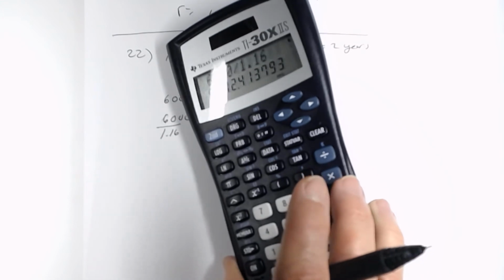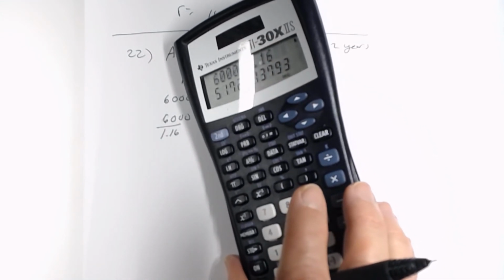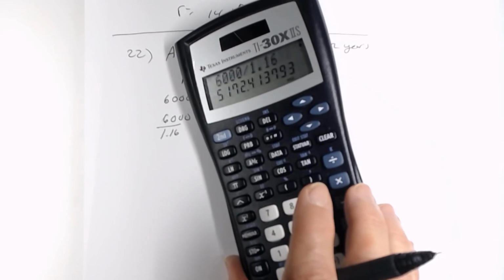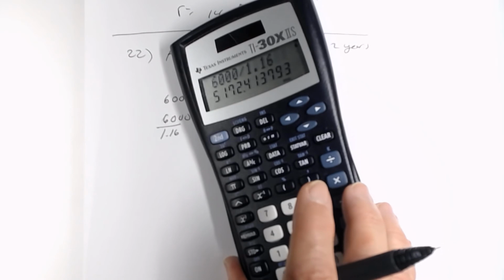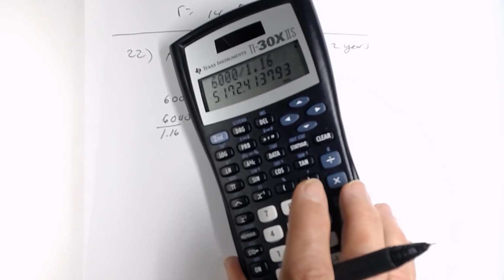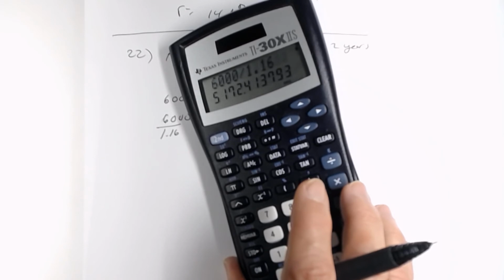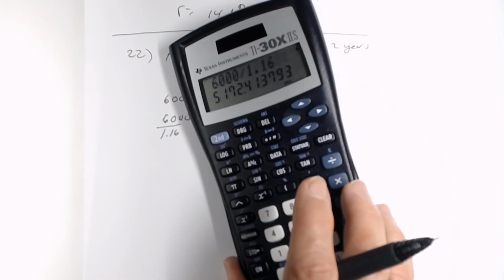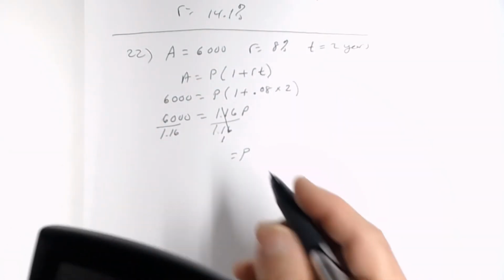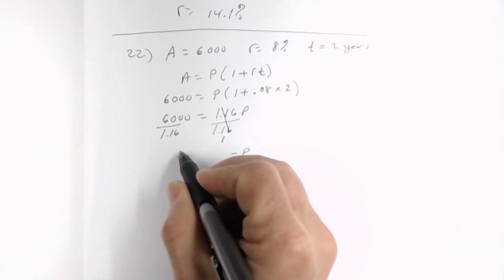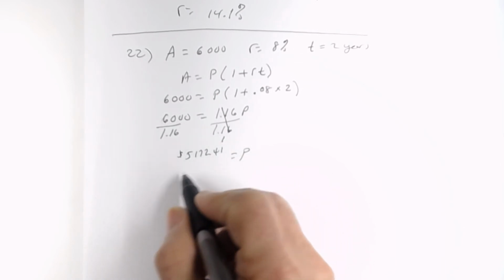So how would you round this off if you look at this? $5,172, and tell me what else you would write. Come on, people. 41 cents. $5,072.41.